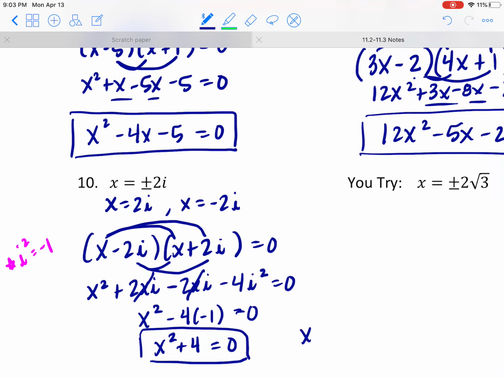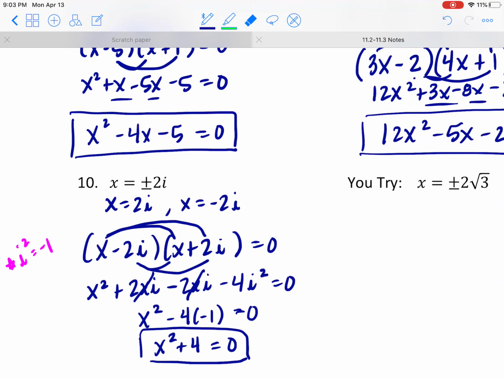And that should make total sense. If you were to solve this equation, what would you do? Well, you would subtract the 4 over, and then you would square root. And what do we put for that? Plus or minus square root of negative 4 is 2i. So if you saw this without doing all that work, totally fine for you to jump to your equation. Okay? If not, pretend I didn't say that.